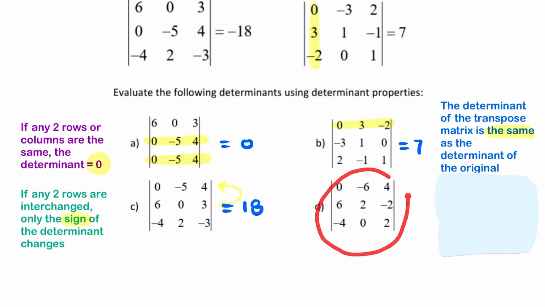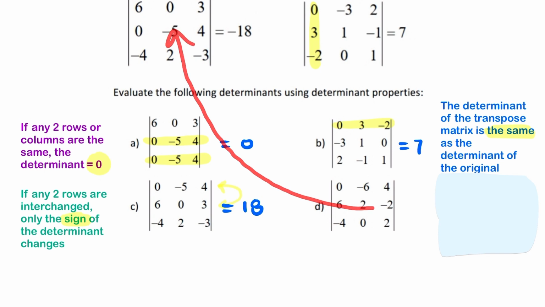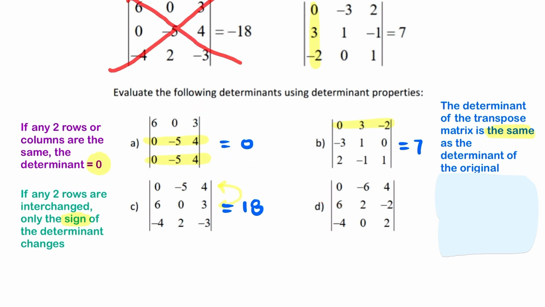Now if we look at the last one, this looks nothing like this, but it does resemble this one here in the sense that 0, negative 6, 4 looks like it's the same as that, but multiplied by 2.